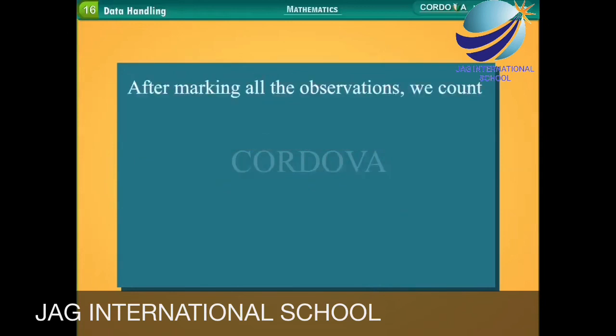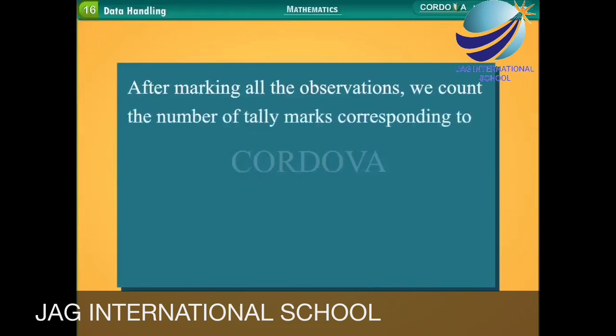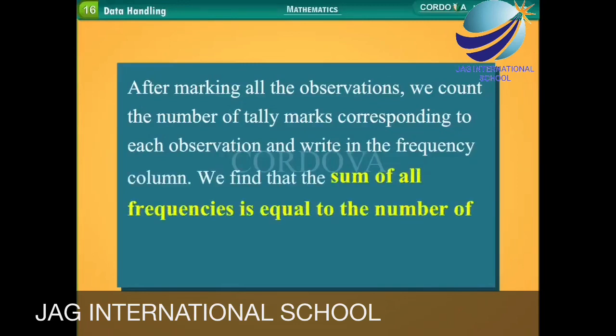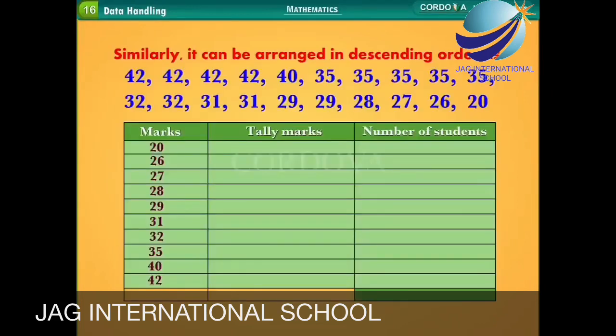After marking all the observations, we count the number of tally marks corresponding to each observation and write it in the frequency column. We find that the sum of all frequencies is equal to the number of observations.